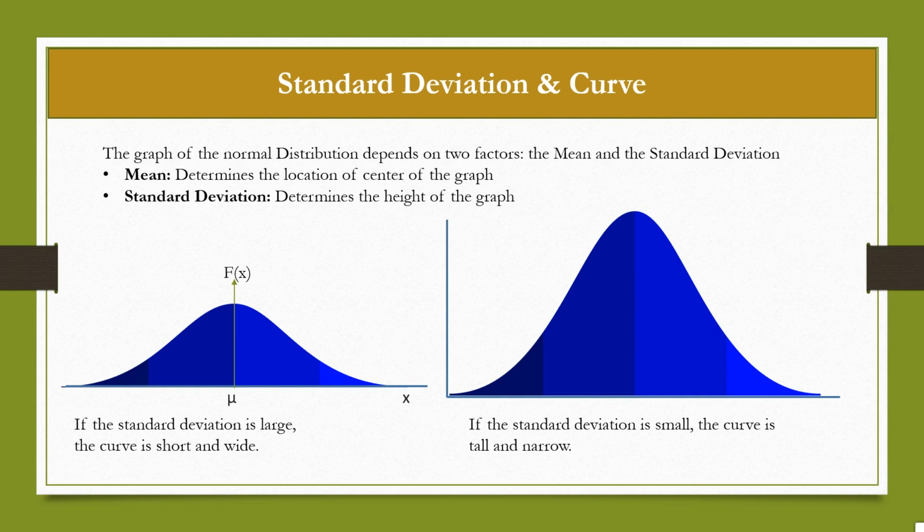The mean determines the location of the center of the graph, and the standard deviation determines the height of the graph. If the standard deviation is large, the curve is short and wide, and if the standard deviation is small, the curve is tall and narrow. So this was it about the normal distribution.